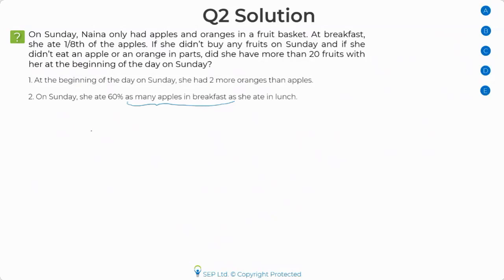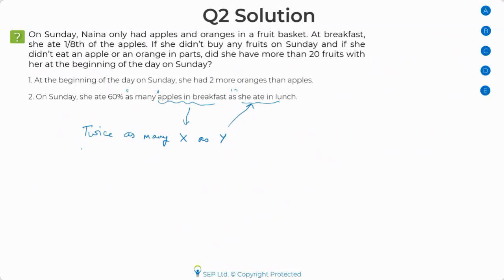So you might get statements like this. For example, twice as many X as Y. Okay. The structure is going to remain the same, as many as. So this X basically represents apples in baskets, and this Y basically represents whatever she ate at lunch.